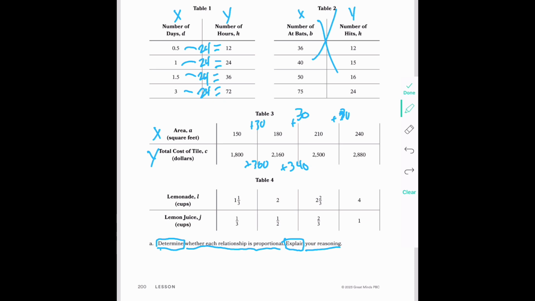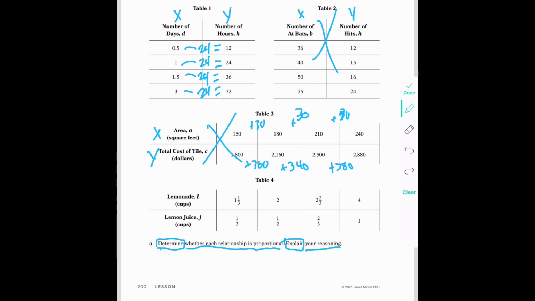It doesn't have a consistent rate, so that one would be out of the question. And if you wanted to know what we had to add to get from this to this, it would be 380. So since it doesn't show consistency, I will go ahead and say that this one is not proportional either. I'm pretty sure if we divided Y by X, we wouldn't be getting the same number. So that would be another reason why it's not a proportionate relationship.